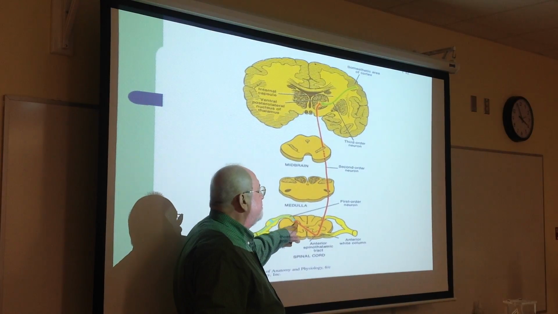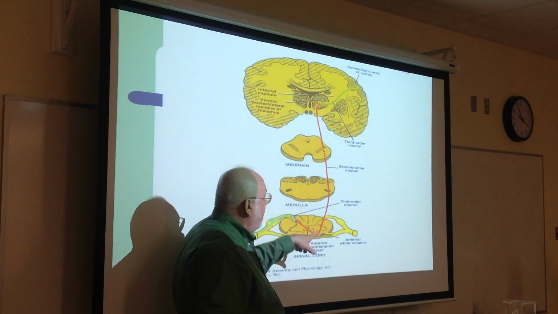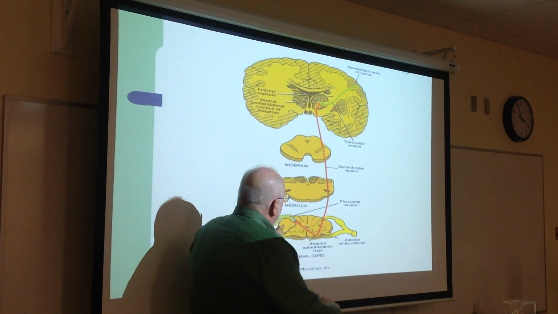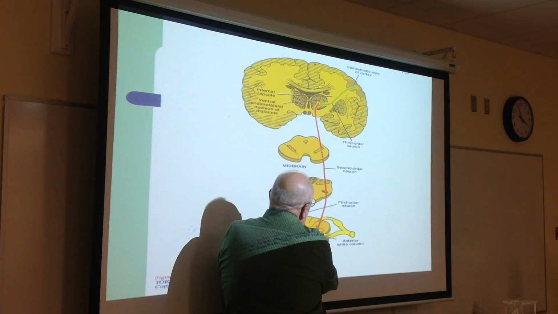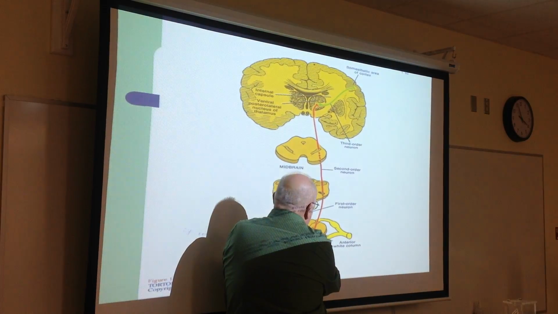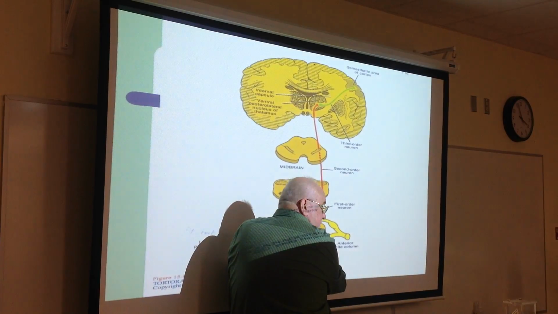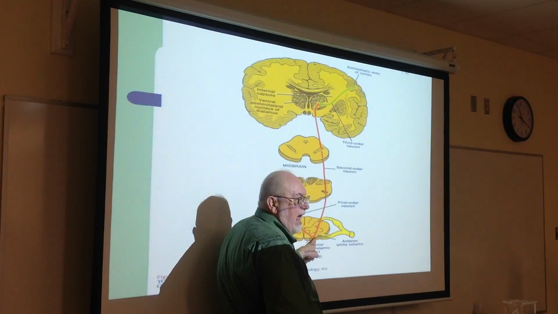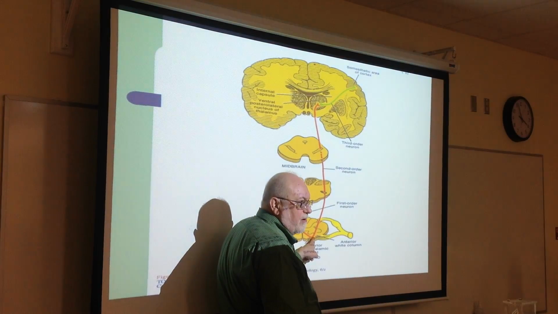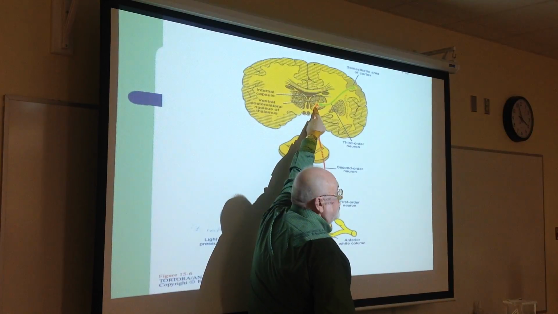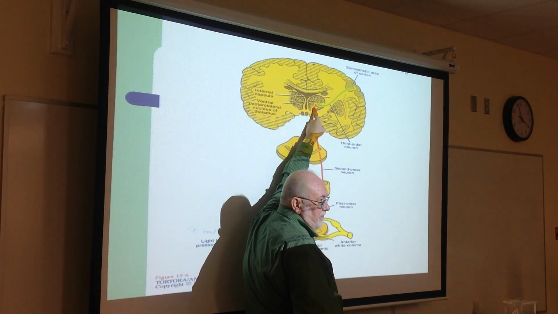Now this is the spinothalamic part, because it starts in the spine and it's going to end in the thalamus. All right, now what happens? The axon of that second neuron crosses from right to left and then ascends in the anterior white matter column of the cord up to the thalamus.